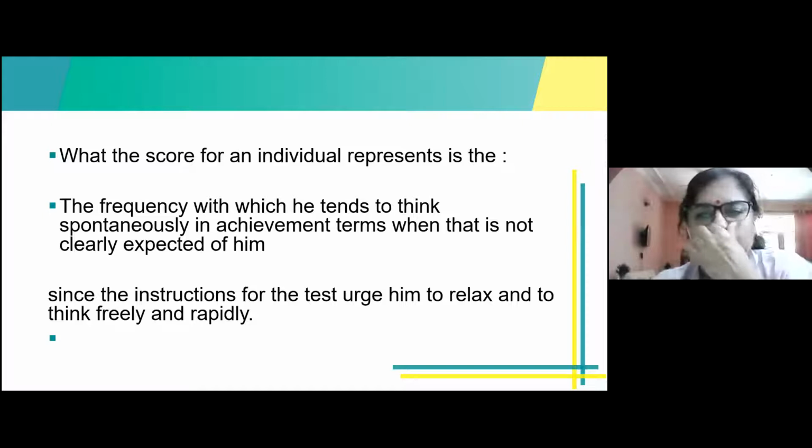I just have to tell you about projective techniques, and I wanted to tell it to you in an experiential mode. So the frequency with which he tends to think spontaneously.